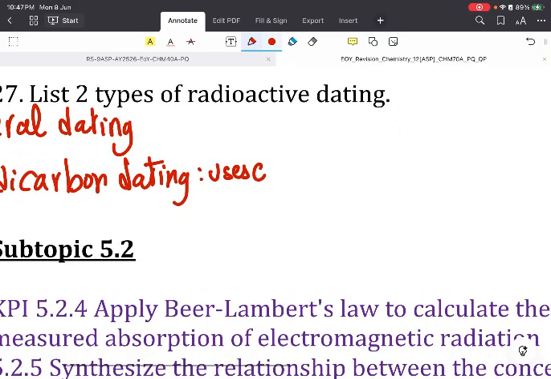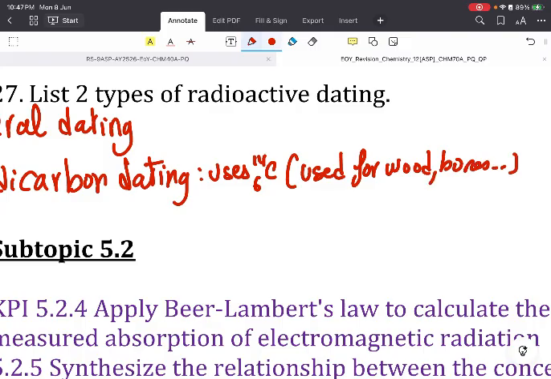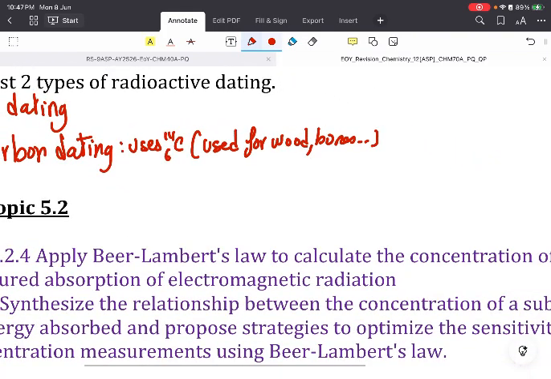It uses carbon and the isotope carbon 14, specifically not carbon 12. It's used for wood and bones, to determine the age of bones, like skeletons, and it's effective for up to 50,000 years.